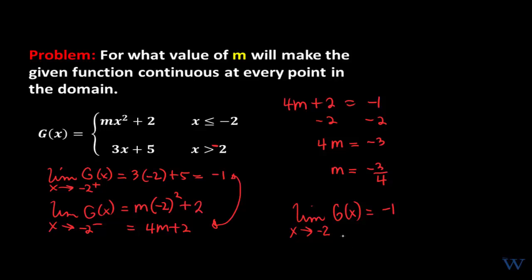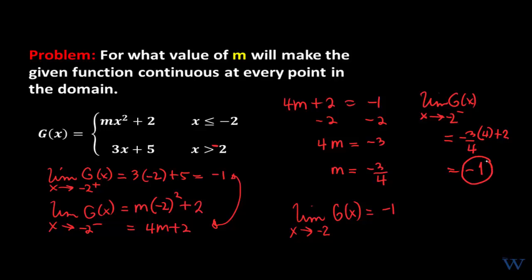Because now if we plug in both sides of these two to get the limit, in particular, if we look at the limit of g of x as x approaches -2 coming from the left, then we substitute, since m is now equal to -3 over 4, then we say -3 over 4 times, of course, -2 squared is 4 plus 2. That gives us a -1.